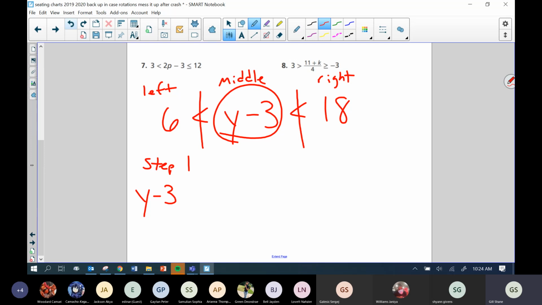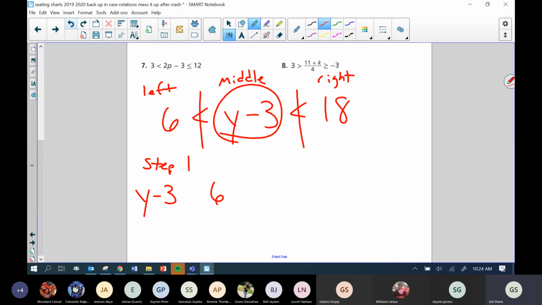All right. So now I put what's in the middle on the left. I put the number that's on the left on the right. This is all step 1. And I just have to figure out how my symbol should look. Well, if you remember that we're just flipping everything, then you can just flip the symbol.